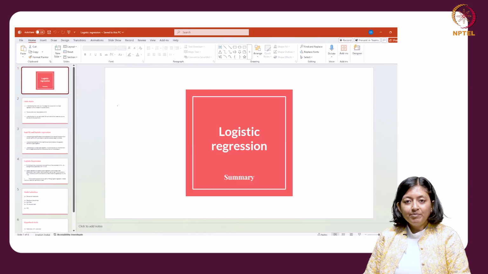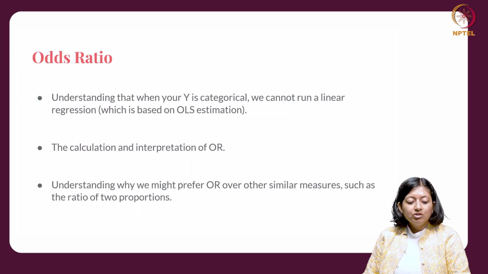Now let us wrap up the session on logistic regression. So here we have tried to understand that whenever our target feature is categorical, we cannot pass a regression line through it. Hence, least square estimation may not be a feasible estimation procedure for modeling a categorical Y. We have also understood that we cannot use correlation coefficient anymore to calculate the amount of association between two categorical features.